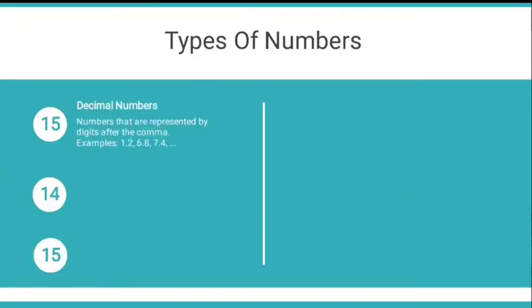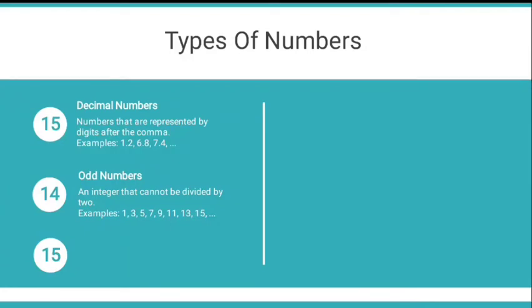Decimal numbers. Decimal numbers are numbers that are represented by digits after the comma. Examples: 1.2, 6.8, 7.4, and so on. Odd numbers. Odd numbers are integers that cannot be divided by 2.